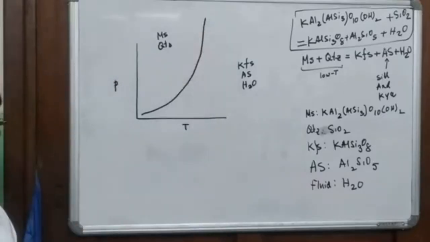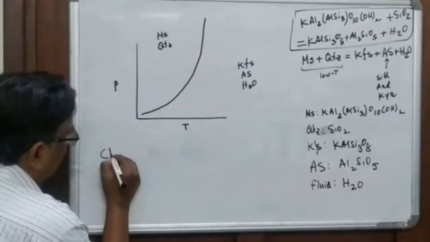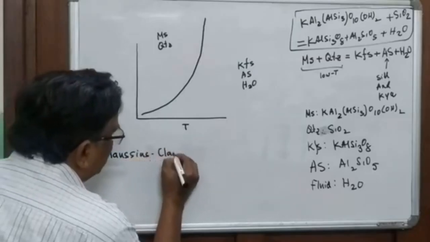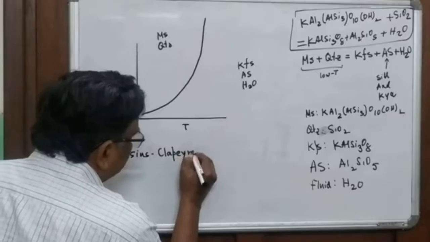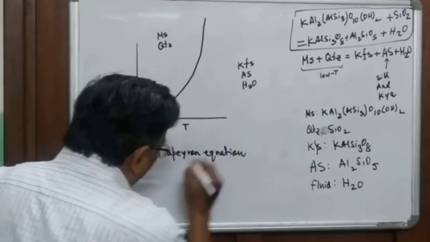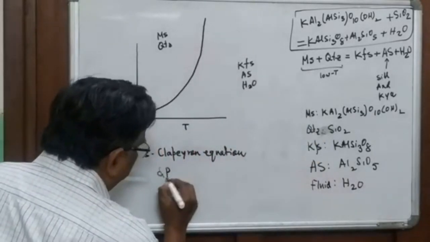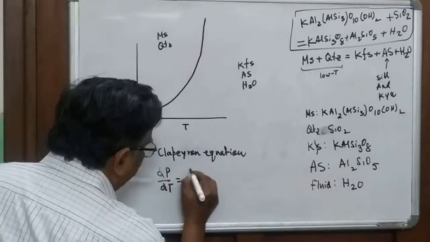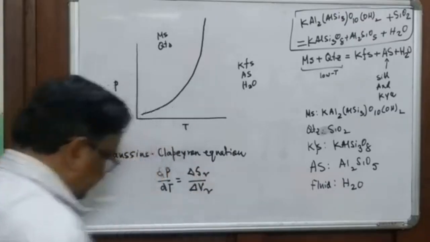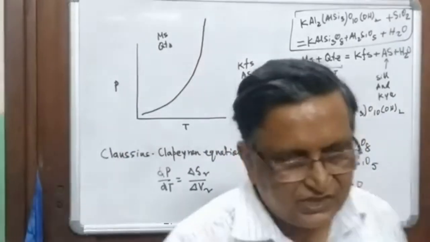I will introduce you to a small term which you read in class 12. It is called the Clausius-Clapeyron equation. The formula is dP/dT is equal to delta SR by delta VR. This is the equation.